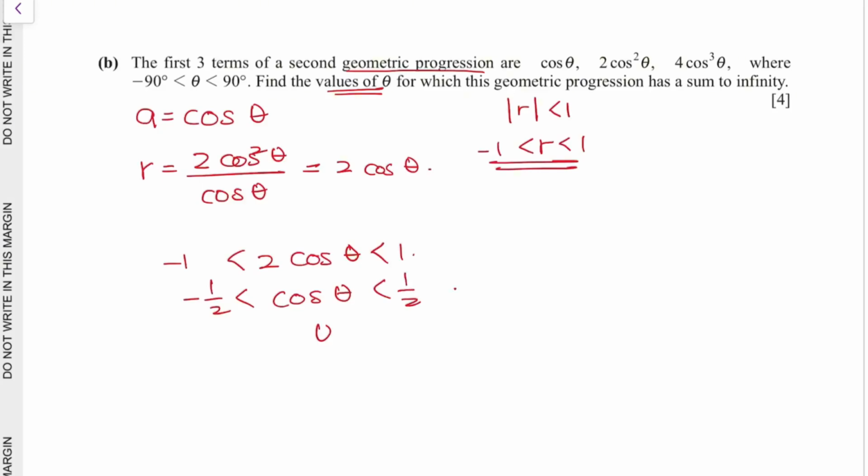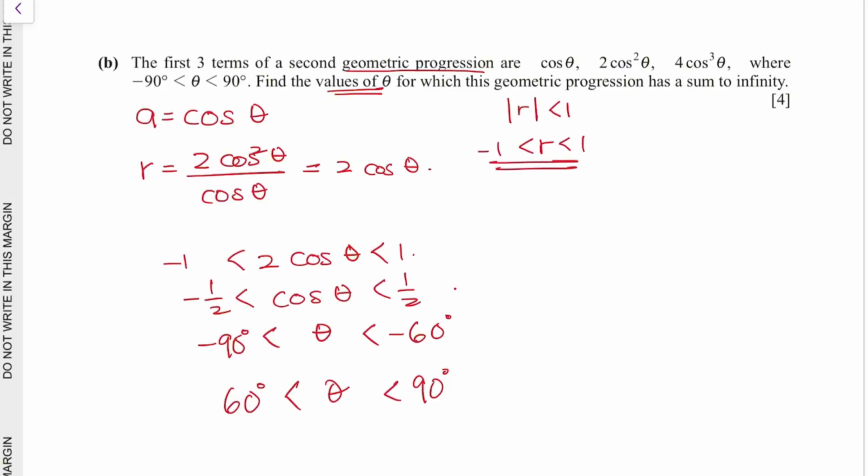You should realize that theta must be between negative 90 degrees up until negative 60 degrees. Okay, this is just the inverse of cos. But to fit within the range given to you, because theta is within negative 90 to positive 90, you should realize that there is another range that is possible, which is from positive 60 to positive 90 degrees. There are two ranges in this situation.